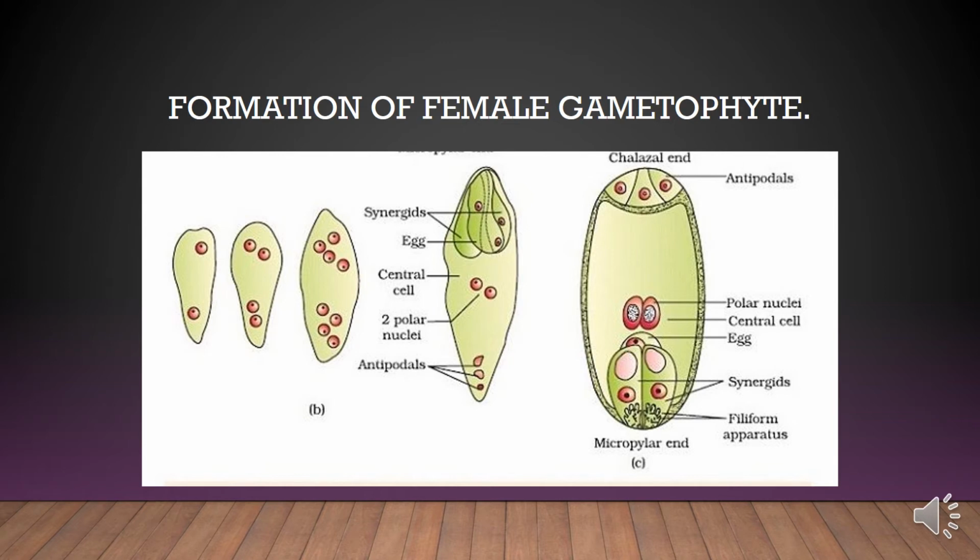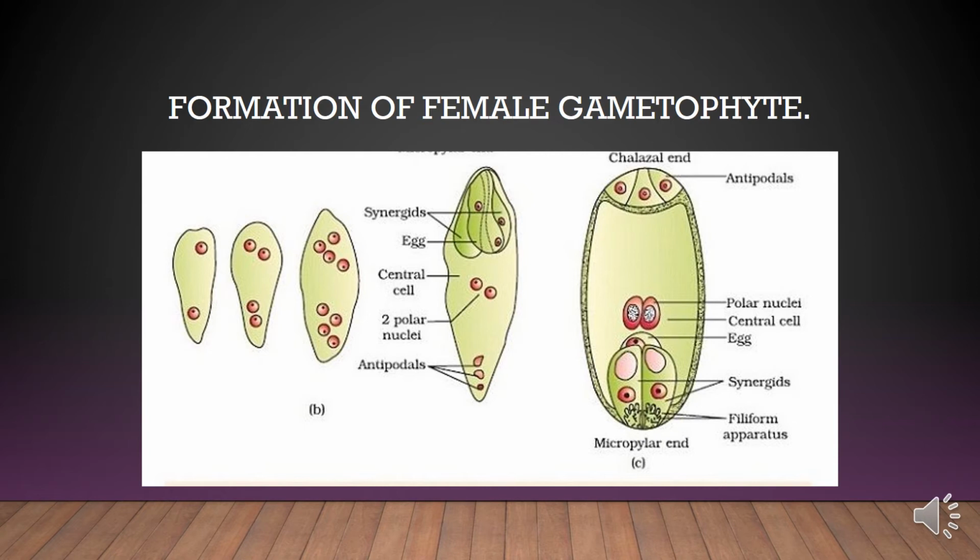Again you can see it in the second diagram. And later the 8 nucleate stage of the embryo sac is produced. The third diagram. After the 8 nucleate stage, cell walls are laid down, leading to the organization of the typical female gametophyte, or we can say embryo sac.